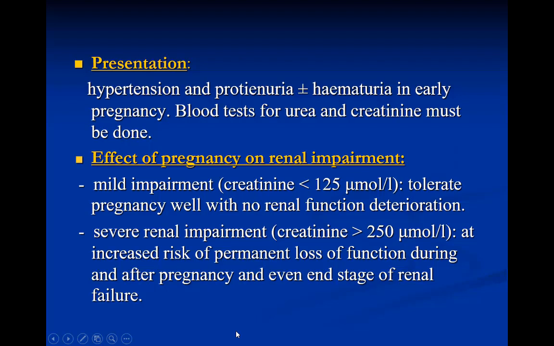Severe renal impairment, when the creatinine level is more than 250 micromol per liter, carries an increased risk of permanent loss of function during and after pregnancy, and even end-stage renal failure may occur.